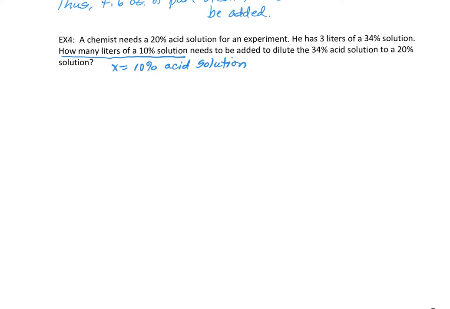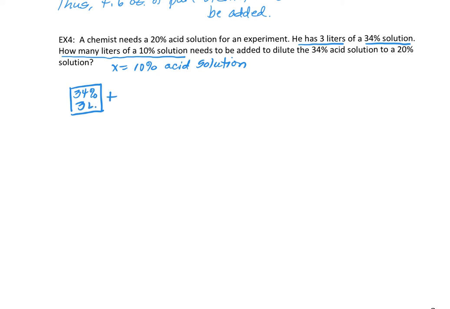So if you want to add acid to remind yourself that it's an acid solution, that's fine. So if x is the 10% of the solution, then we need a 20%. He has 3 liters of a 34% solution. So that's what we're starting out with. We're starting out with this 34% solution, and we have 3 liters.